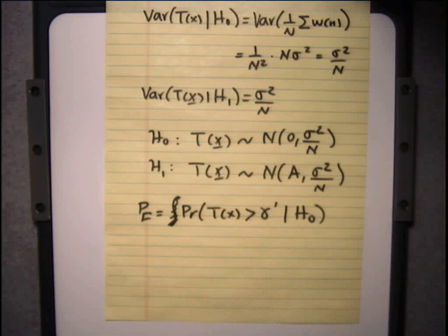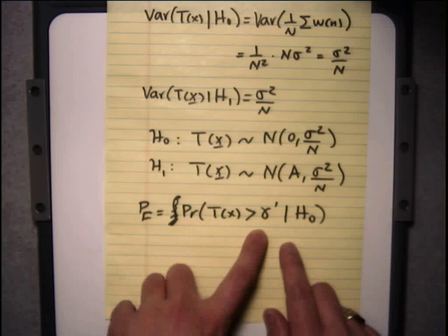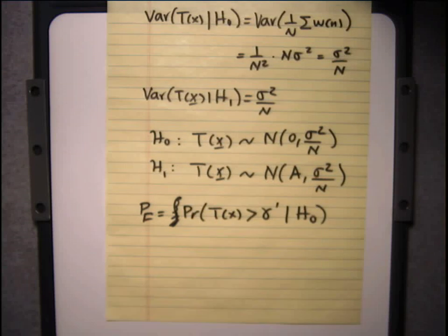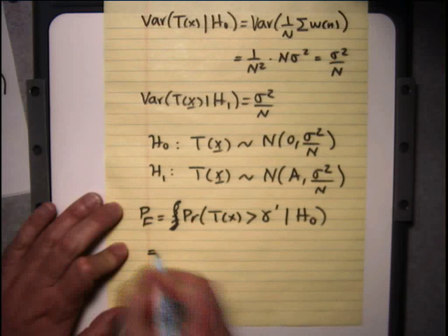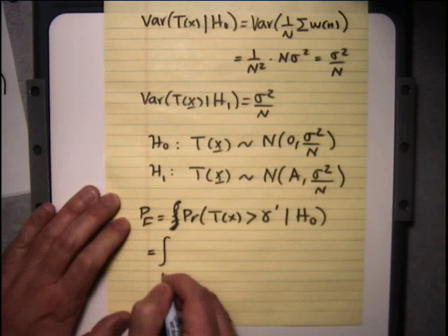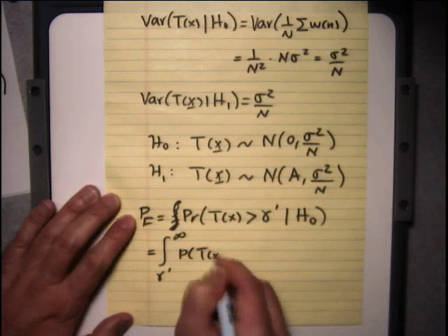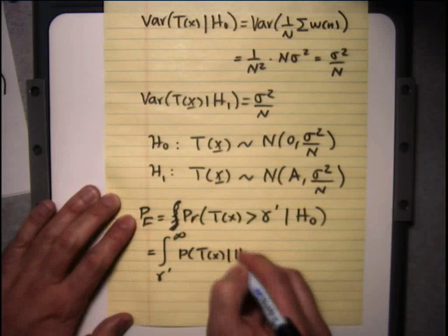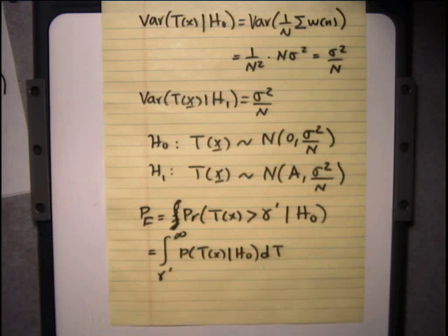This is written explicitly as the probability of the test statistic exceeding the threshold. So we can write it like this: the integral from gamma prime to infinity, PDF of T of X given H0, dt.